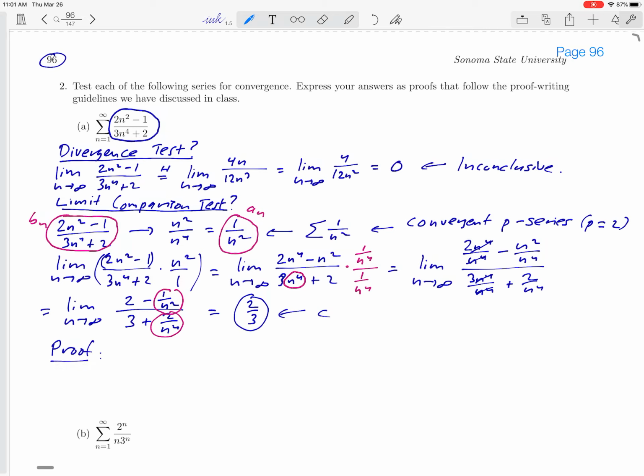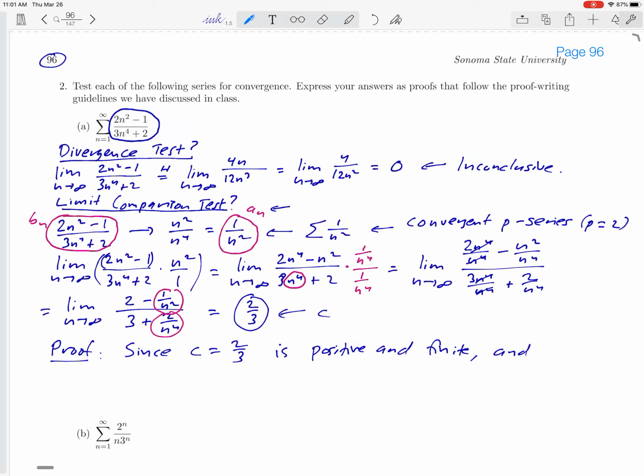So we've basically convinced ourselves that the limit comparison test is going to work. All that's left is to write the proof now. This is going to sound the same as the previous two that we already wrote. So we'll start by mentioning that we calculated a c and got a positive and finite number.